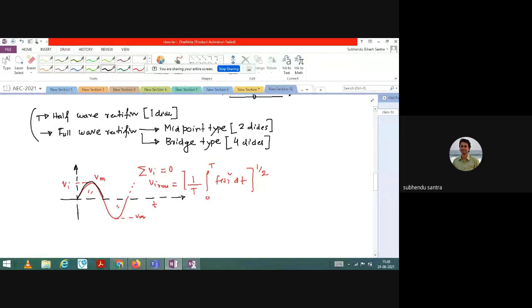If you square it and take the average, that is known as the RMS value, whereas the average value is 0. So this is about AC. AC has a frequency and its average value is 0 if you have a symmetrical supply.